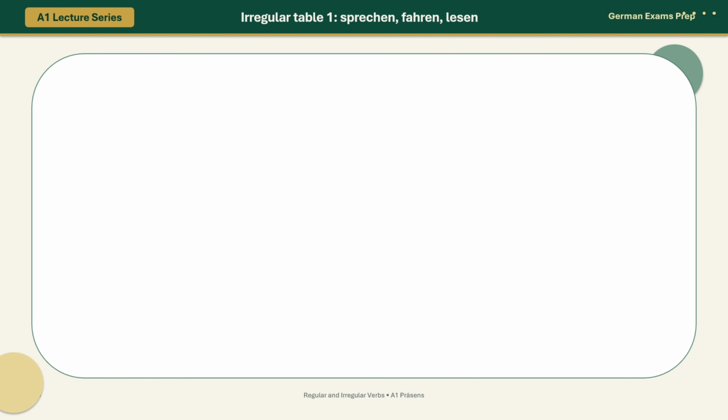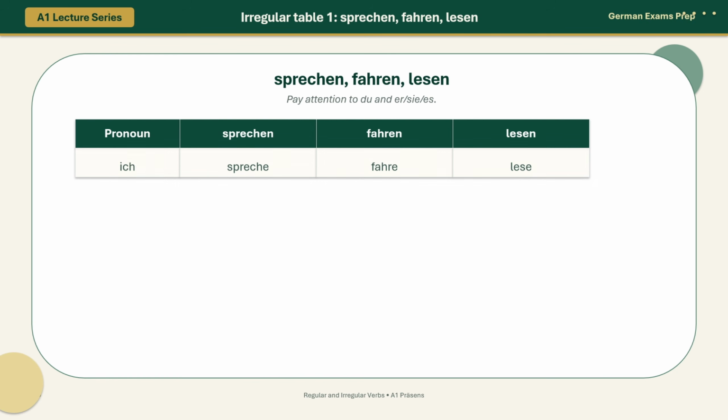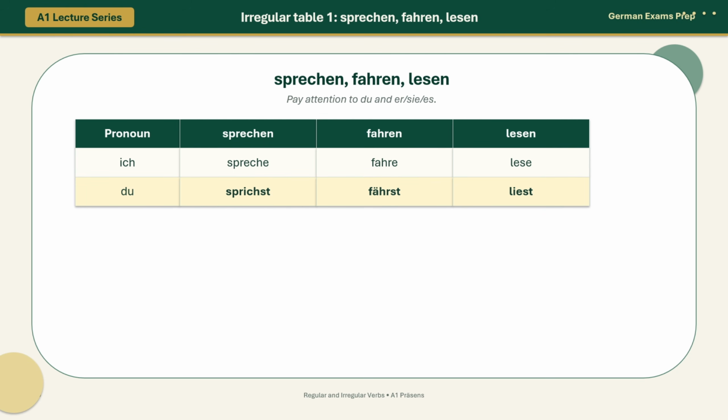Now look at these 3 important verbs: sprechen, fahren, and lesen. For ich, there is no vowel change. Ich spreche, ich fahre, ich lese. For du, the vowel changes.